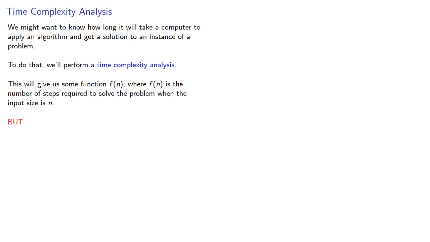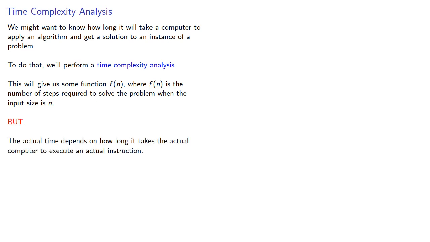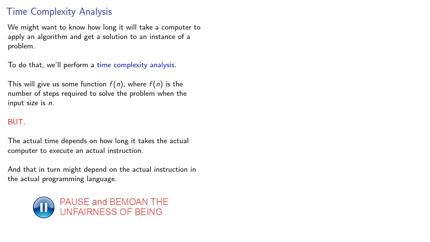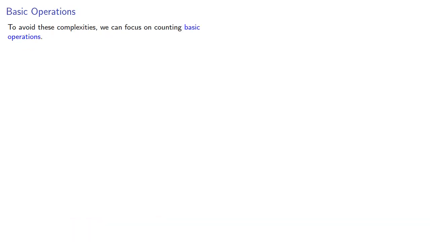But the actual time depends on how long it takes the actual computer to execute an actual instruction. And that in turn might depend on the actual instruction in the actual programming language. To avoid these complexities, we can focus on counting basic operations.